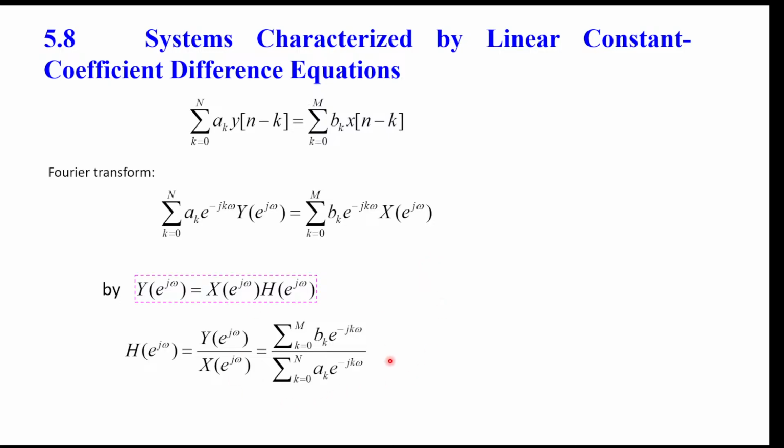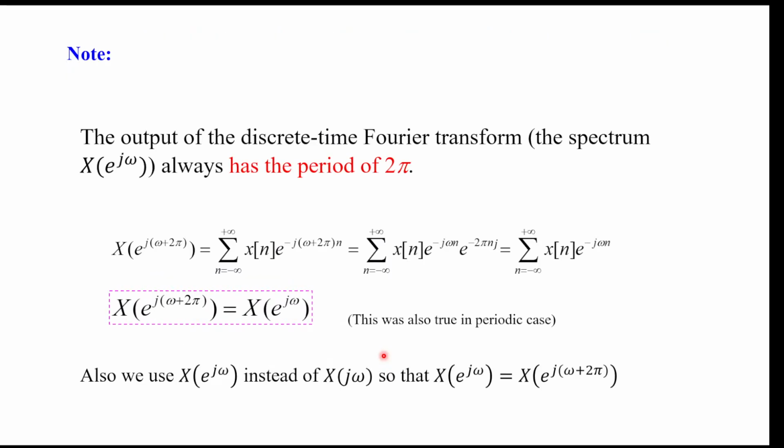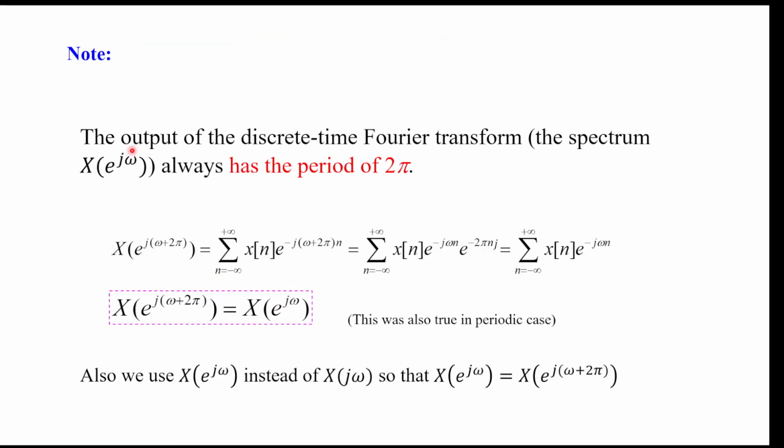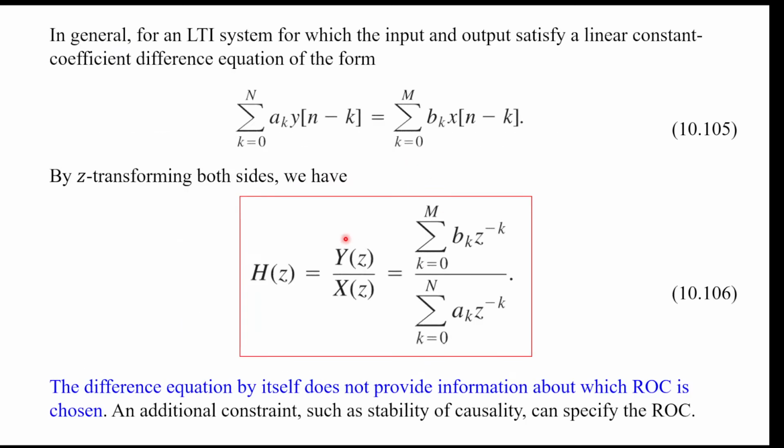Okay, so this will be a rational function of e to the minus j omega, and once again you can do partial fraction expansion to solve this. And here we just emphasize once again that big X of e to the j omega is periodic with period 2 pi. And also we can use the Z transform to solve the difference equation, for example for a non-stable system.